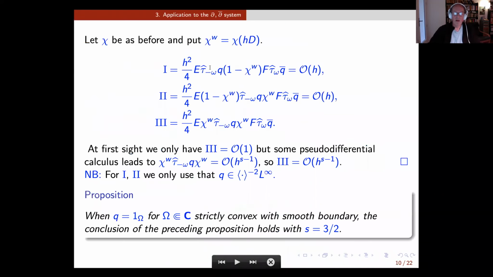So here is again the product. This is AB again, but here I have an additional factor. So I want 1 minus chi. So chi W is just a quantization of chi. It means on the Fourier transform side, I multiply by chi of H times psi. So I just put this factor. So if I put this factor, then I need a correction.